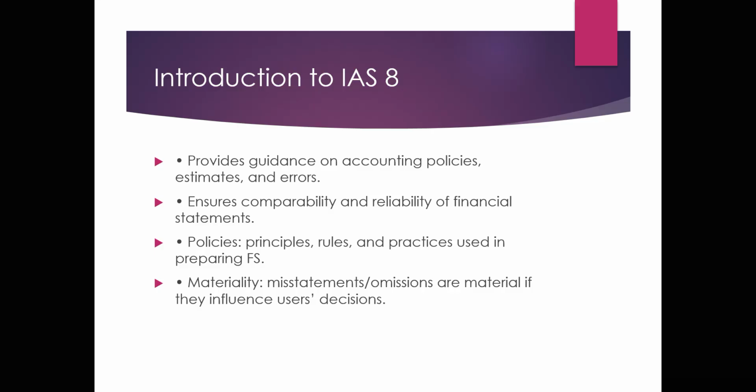If the customer doesn't take the goods from you, it means you've not made any sales, and if you haven't made any sales, then you have to reverse the income from your profit or loss account. So this standard will show us how to go about doing all those things.